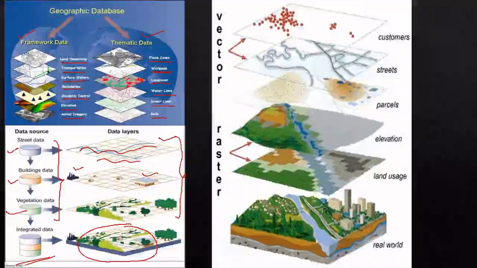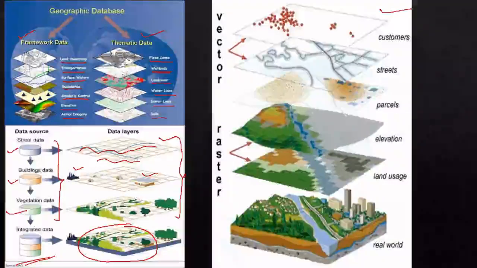Here in this figure, this right side figure shows you the vector and raster data details. So as we have discussed earlier, what are vector data and what is raster data. So you can see here, vector data consists of the locations.